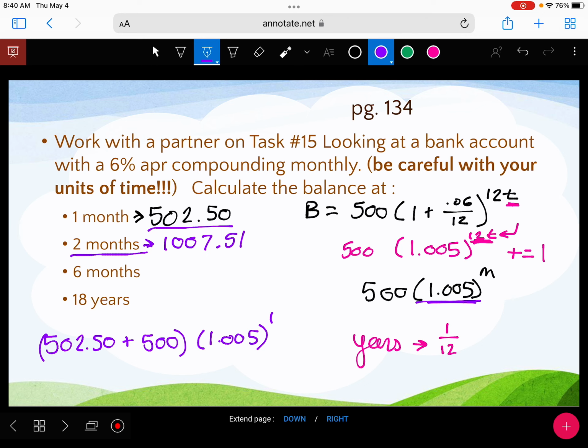So then on third month, they're going to add another $500, and then we have to recalculate interest. And then they're going to add another $500, and we have to recalculate interest. So I want you to go do 6 months, now that we know kind of where we're headed with that. So go try that again. Get up to 6 months.